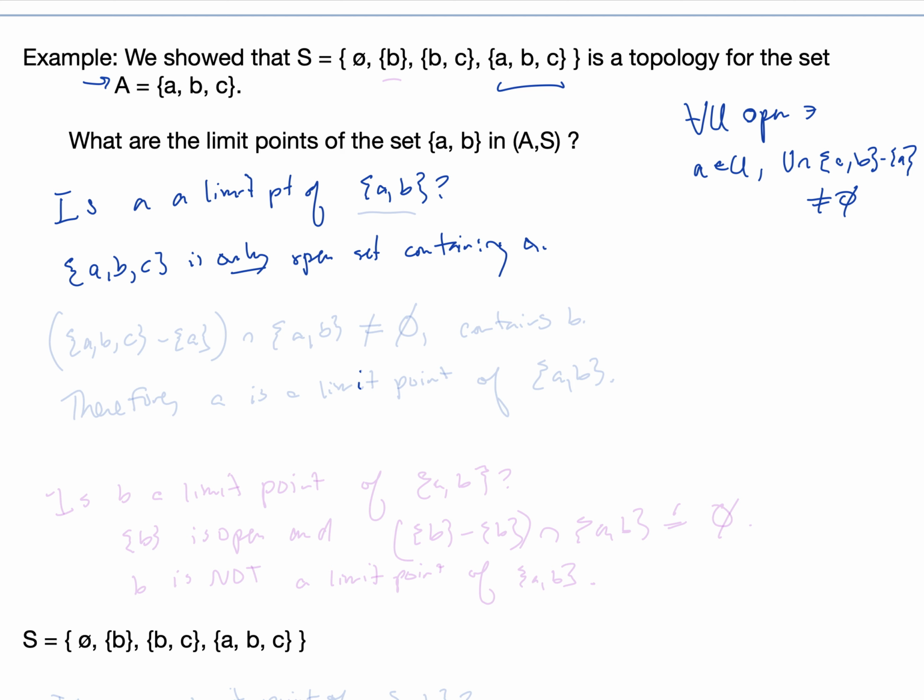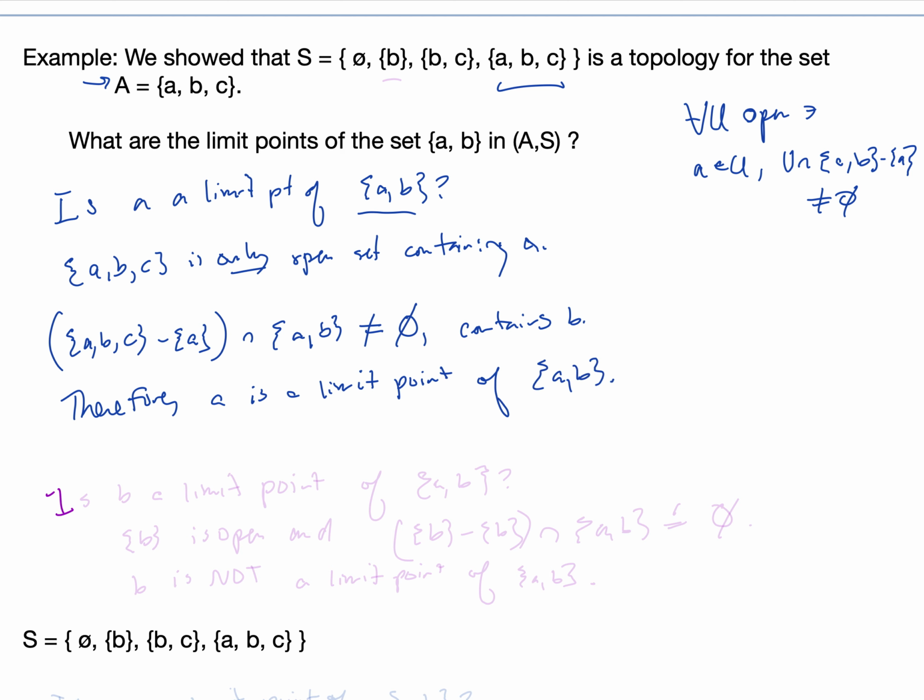Yes. {a, b, c} minus the point a, intersected with the initial set {a, b}, is not empty. b is in there. And therefore, a is a limit point of the set {a, b}.